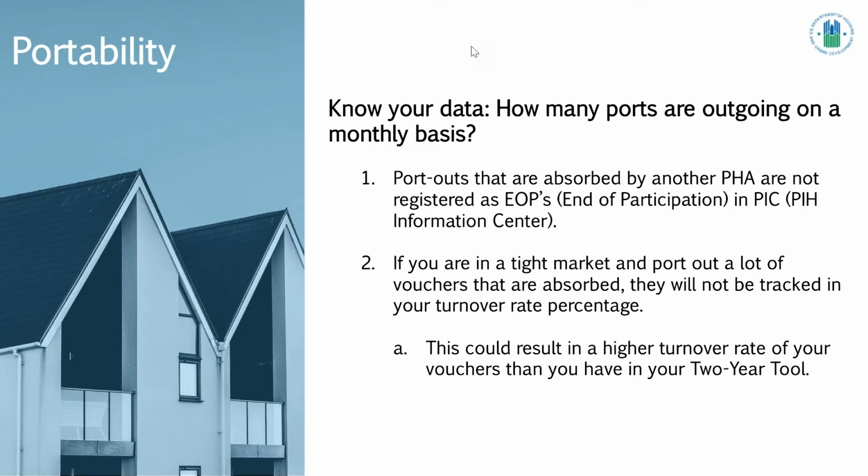But giving voucher holders that information is extremely important in allowing that family to utilize that affordable housing, because if your success rate's 38% and you issued 100 vouchers and 62 people aren't going to be housed now because you have such a tight market and you don't tell them that they can port it to somewhere else that they might successfully be able to utilize that voucher, then it's just going to be another cycle where you're having to bring another person up through the top of that waiting list, or that family who isn't able to utilize that voucher that they received would potentially need to reapply for a waiting list that might not be open again for an extended period of time.